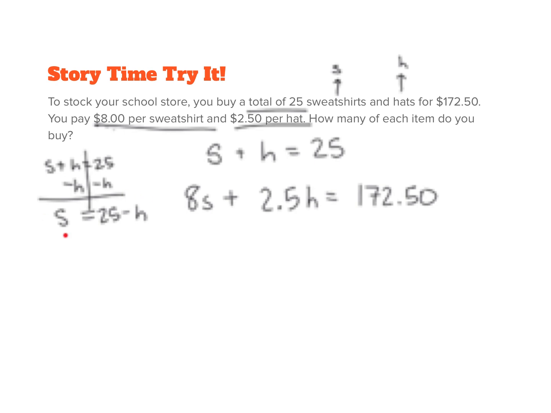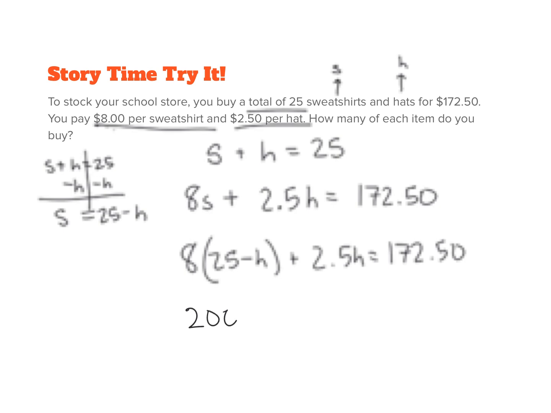I'm going to take this expression here and substitute it in for the S to get 8 times (25 minus H) plus 2.5H is equal to 172.50. 8 times 25, 8 quarters, that's $2, so that's 200. 8 times negative H is negative 8H plus 2.5H is equal to 172.5.